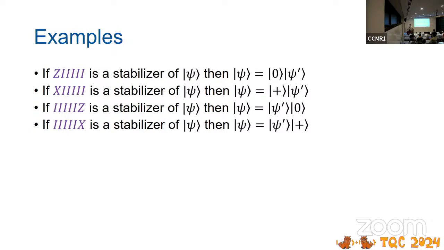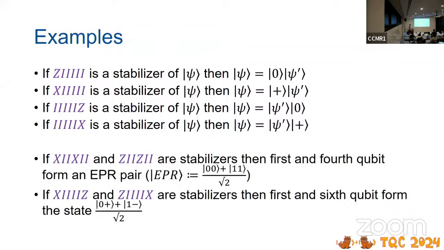A more complicated example would be, let's say that XIIXII and ZIIZII are both stabilizers of your state. Then I claim that the first and fourth qubit must form an EPR pair.